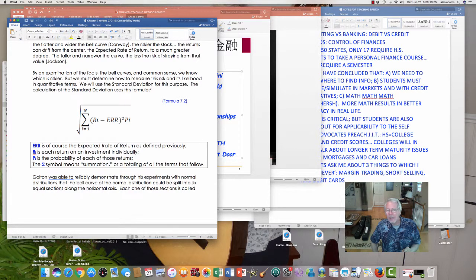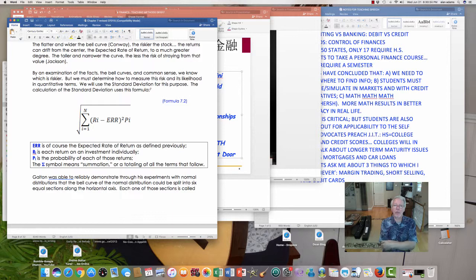Now, if you're really a heavyweight, a gunslinger when it comes to math and statistics, you might look at that and say, wait a minute, that's not the exact same formula that we used when we studied standard deviation. Well, there's a reason for that. Go check out the end of the book where all my chapter notes are. It looks like it's footnote number 7 to chapter 7.